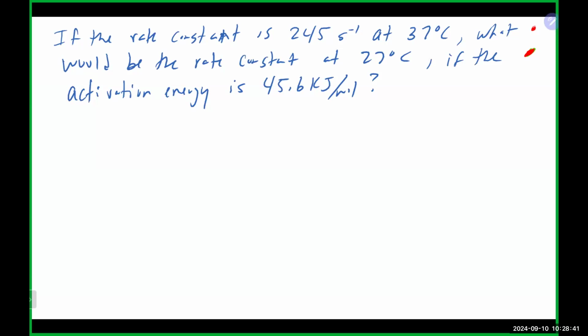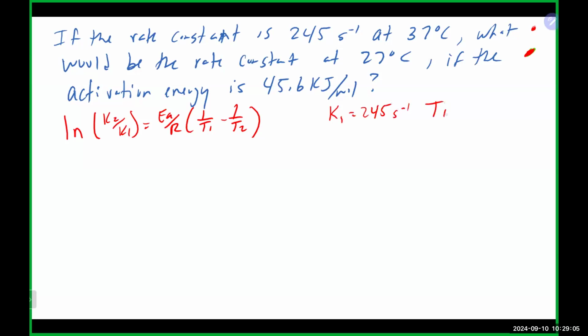Okay, let's take a look and see. So again, here we'll go with our equation. And like I said, you really can number these any way you want. So I'll just go with the order as it is in the actual problem. So I'll call K1 here 245.